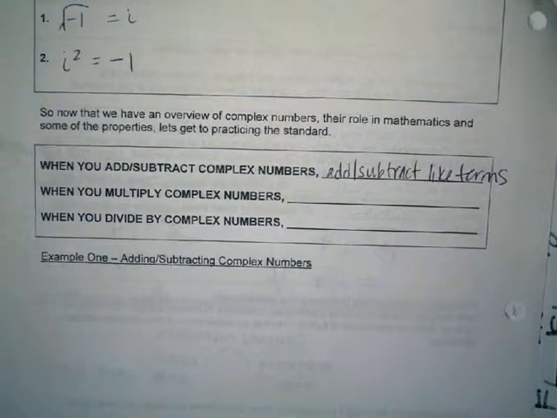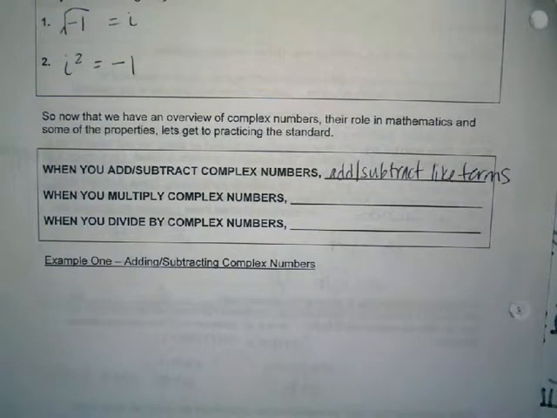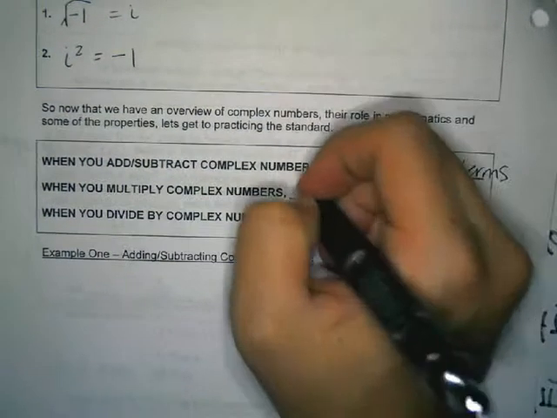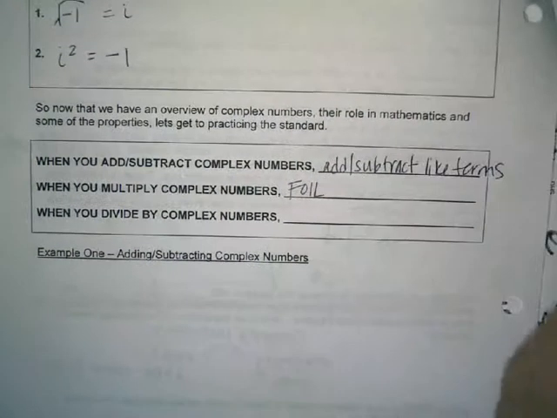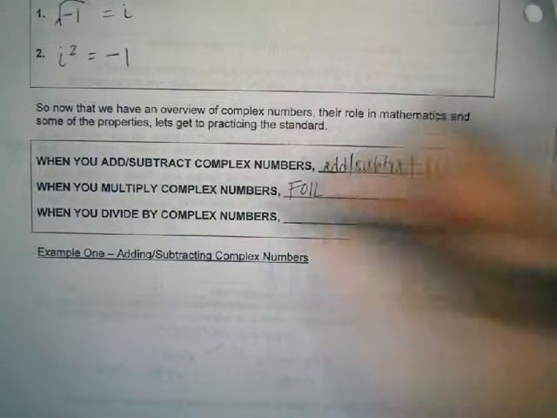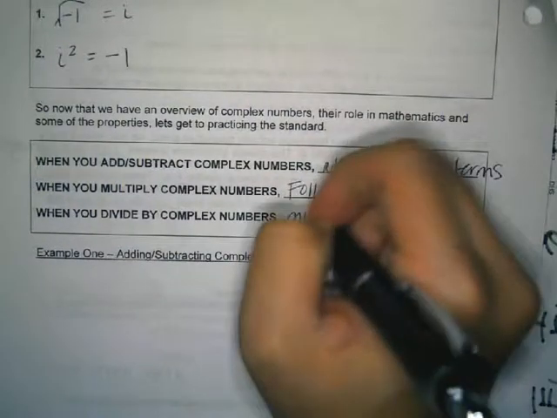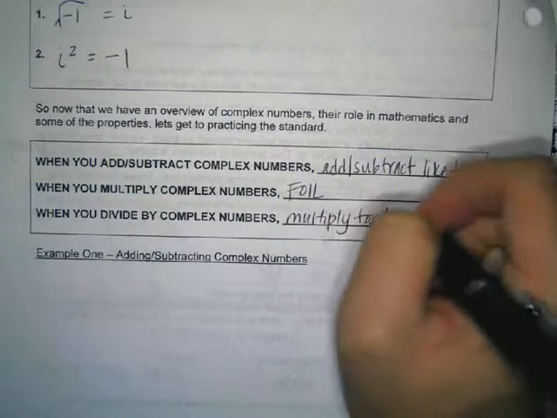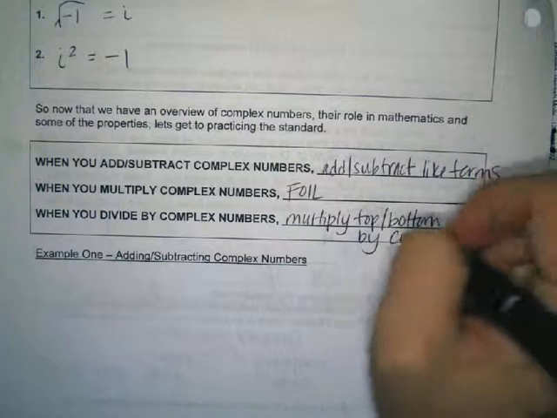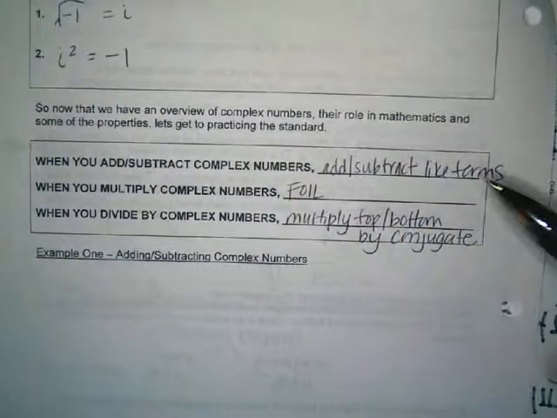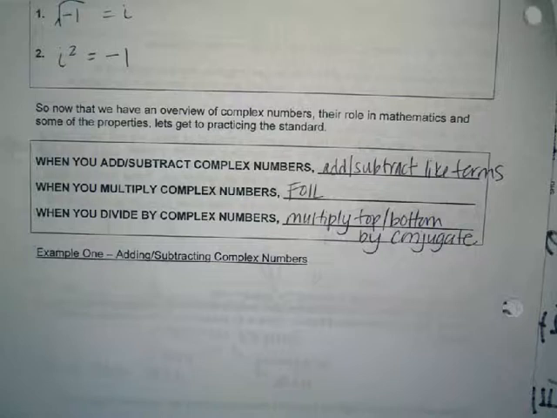When you multiply complex numbers, you're going to FOIL. When you divide by complex numbers, you're going to multiply top and bottom by the conjugate. You actually have done each one of these things before. You just didn't know it.